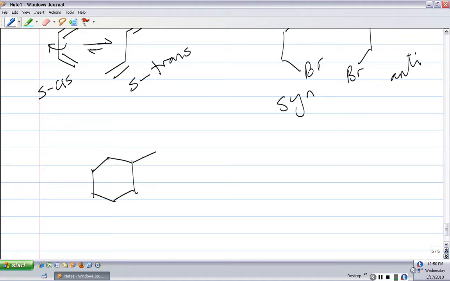So for example, if I look at this molecule, this isomer is Diels-Alder active, because I've got my diene, not a problem, and it's in the S-cis conformation.